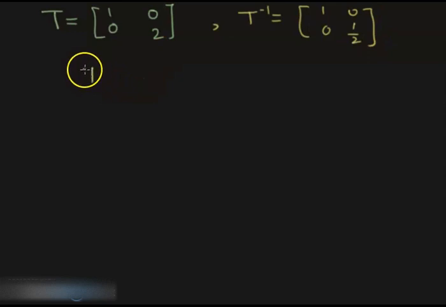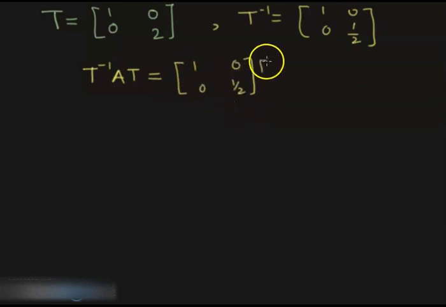Now we will find T inverse A T. T inverse is 1 0, 0 1 by 2. A was 0 1, minus 4 0. T is 1 0, 0 2.